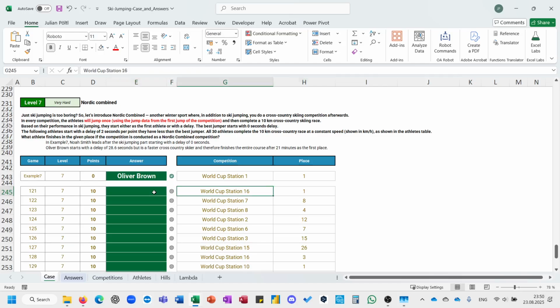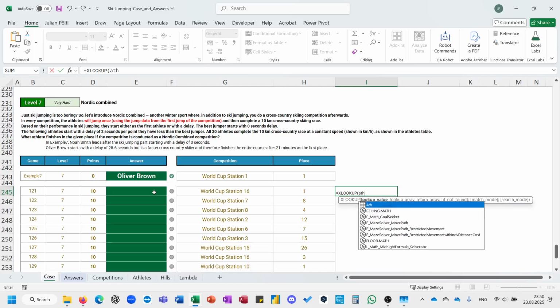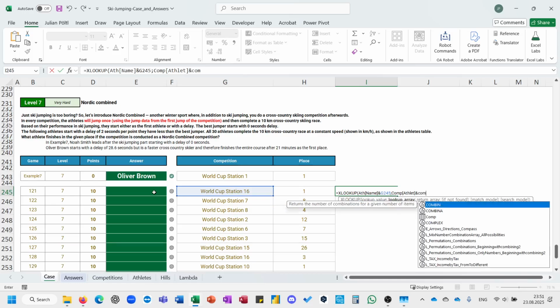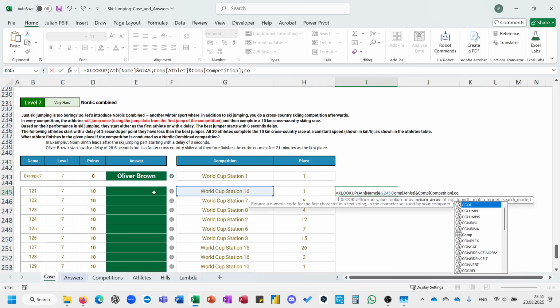So XLOOKUP for the athlete names in athlete names and competition in competition, athlete concatenated with competition, returning the total points, so comp TP.